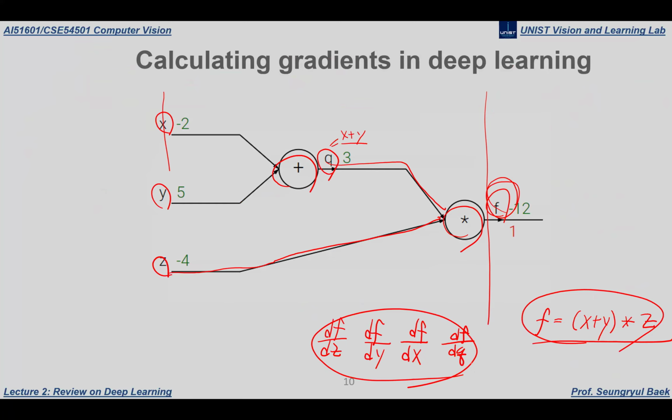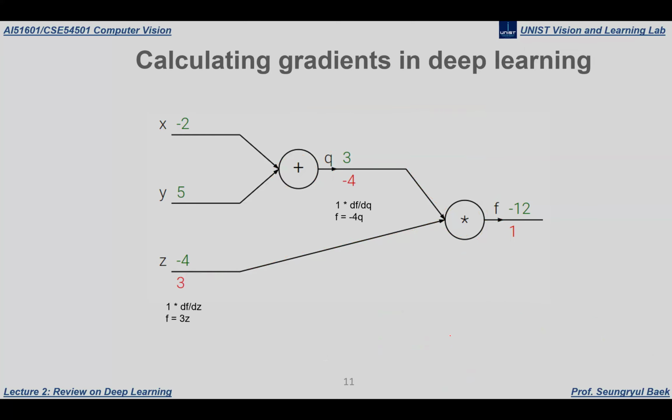So you may have heard about the backpropagation algorithm. We first calculate the forward rule, this, and then calculate the differentiation of the final node with respect to each intermediate node, okay, using this step-by-step approach. And that step-by-step approach is called the backpropagation algorithm, okay?